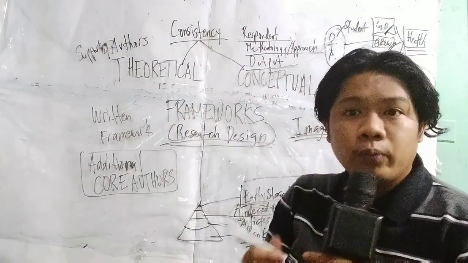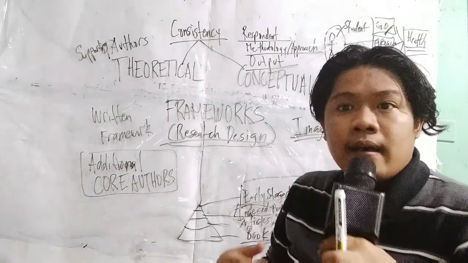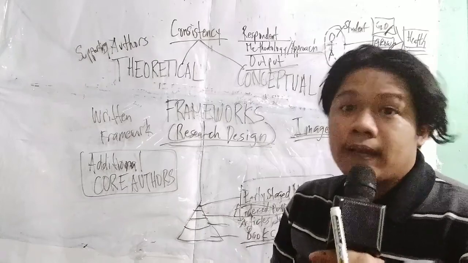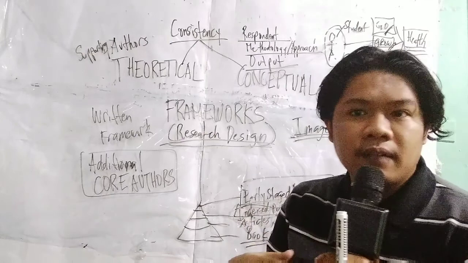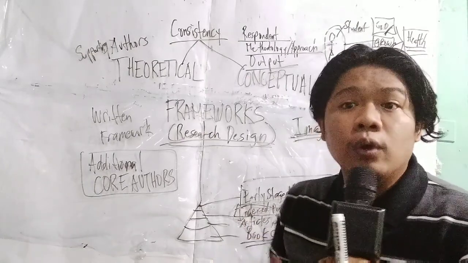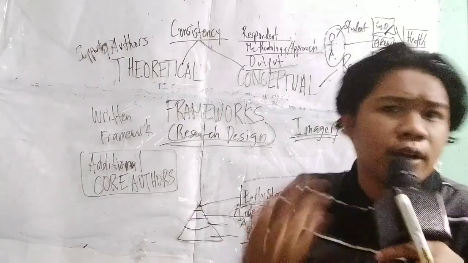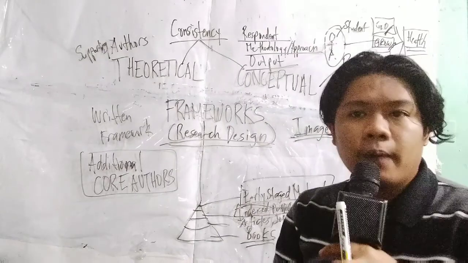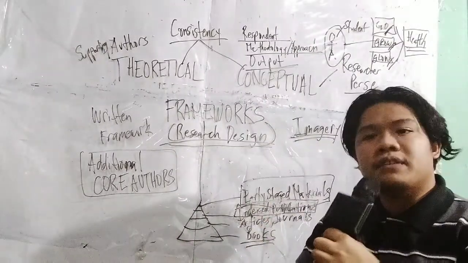We have to be consistent with the concepts, and of course, find ways to support our claims through using relevant references in order for us to determine ourselves as those who actually know what they're talking about, to actually render ourselves as knowledgeable in terms of what we want to research about. So, again, that's the idea of writing the theoretical and conceptual framework.